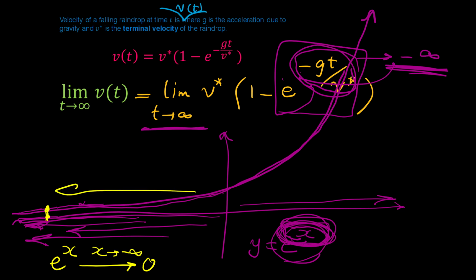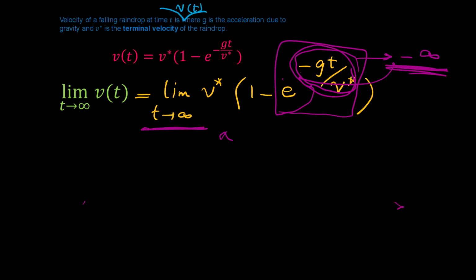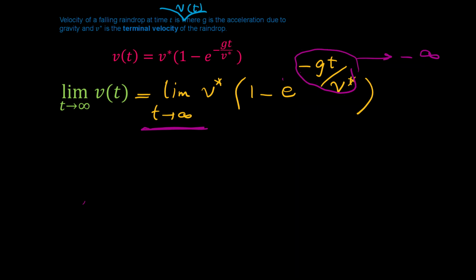When we go far to the left, the exponential function, when the exponent goes to negative infinity, approaches 0. So from my explanation, now we can conclude that because when t approaches infinity the exponent of the exponential function would approach negative infinity, the value of the exponential function would approach 0.